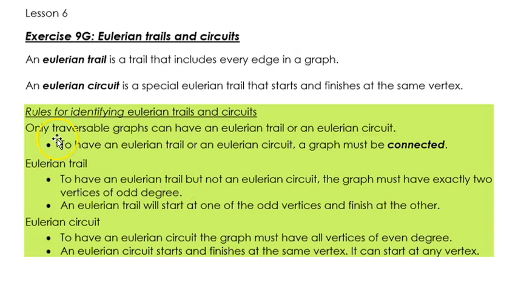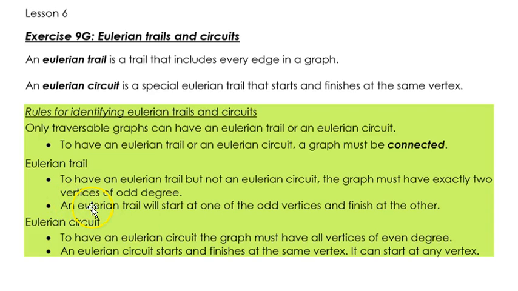Well, they're very similar to the rules from our last lesson. Only traversable graphs can have an Eulerian trail or Eulerian circuit. To have an Eulerian trail or an Eulerian circuit, the graph must be connected. And they're tying in ideas from our last lesson. So the difference between an Euler trail and an Euler circuit in terms of identifying is that an Euler trail can have exactly two odd degree vertices, but the rest must be even.